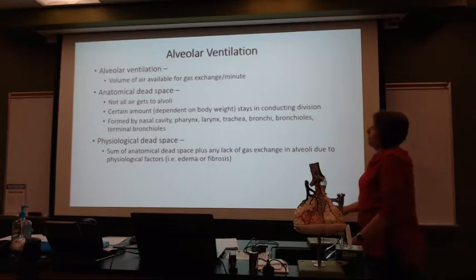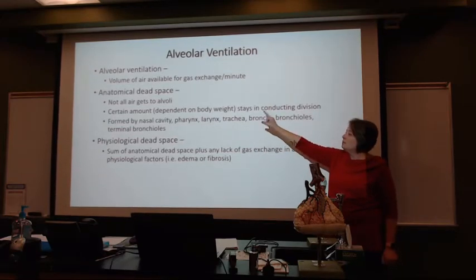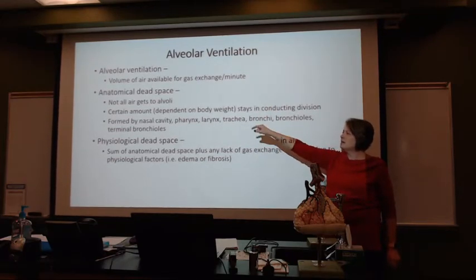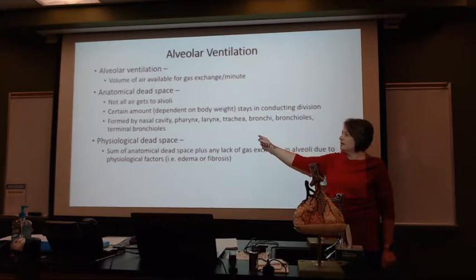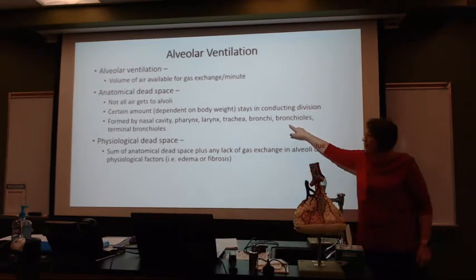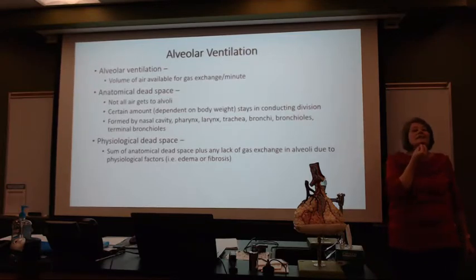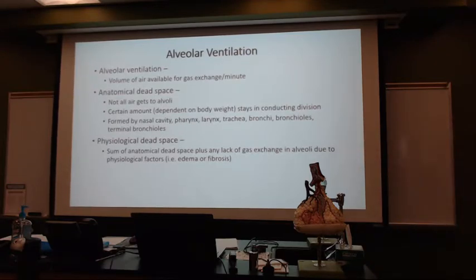When we look at this system, not all the air gets to the alveoli. What? Wait a minute. Okay. Well, think about these areas right here. Nasal cavity, pharynx, larynx, trachea, bronchi, bronchioles. It's actually making its way to an alveoli.